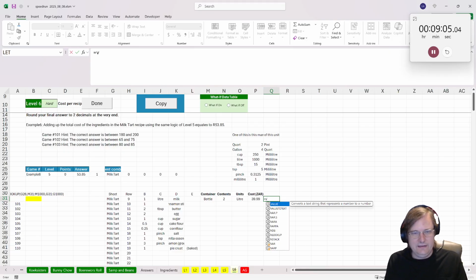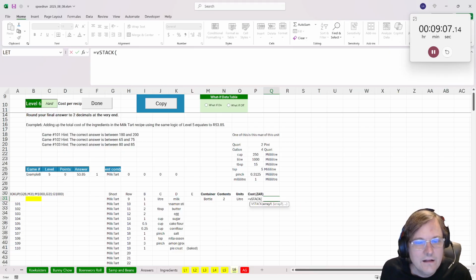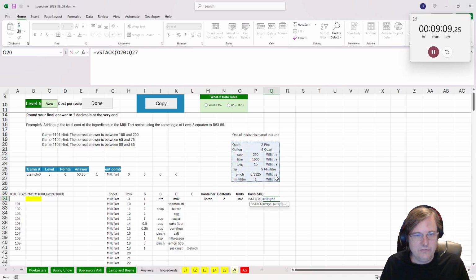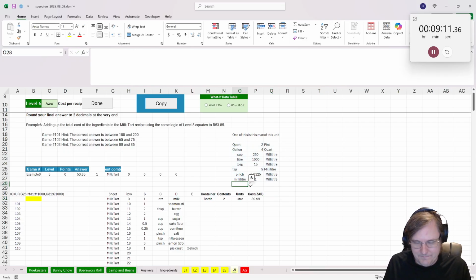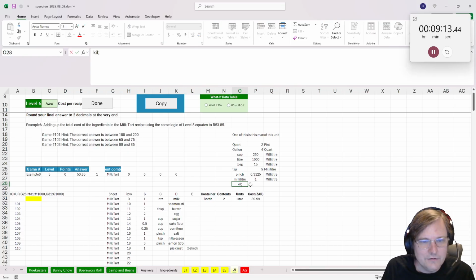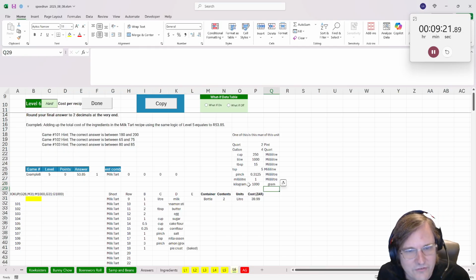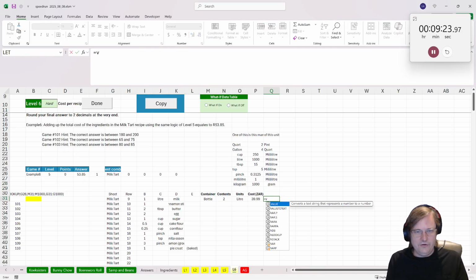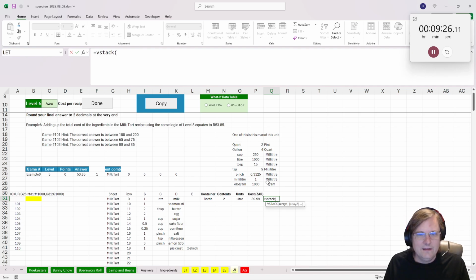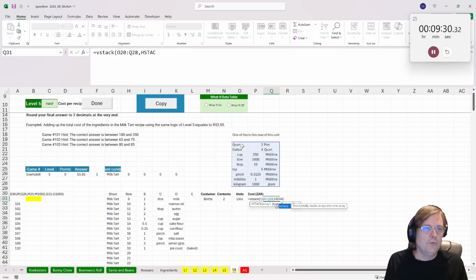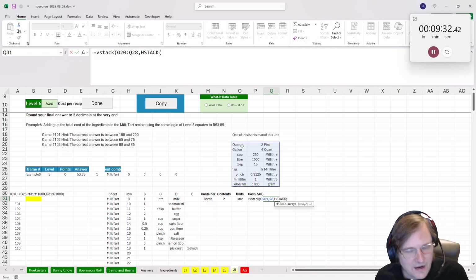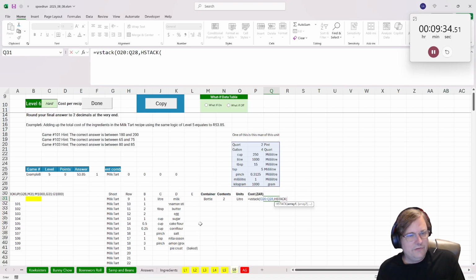So VStack this thing to start with, and there's one missing here, which is that 1 kilogram is 1,000 grams. So now VStack this thing with HStack, a new row I'm going to create for the ZAR.